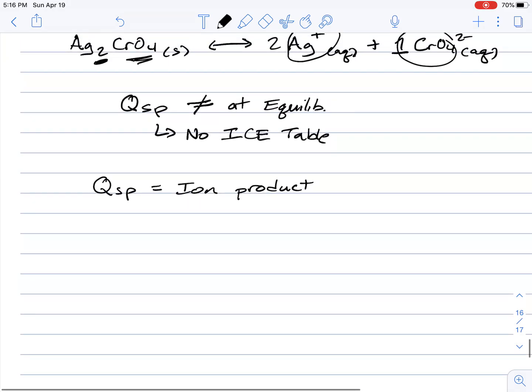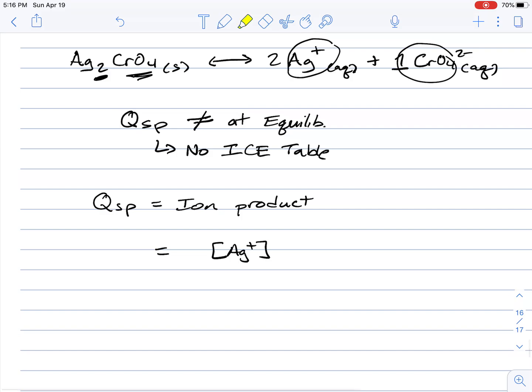And so we're going to take the concentration of silver and raise it to the 2nd power, because it has a coefficient of 2. And then we're going to multiply that by the concentration of chromate raised to the 1st power, because its coefficient is 1.